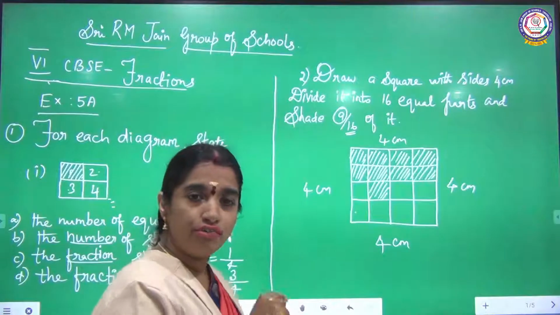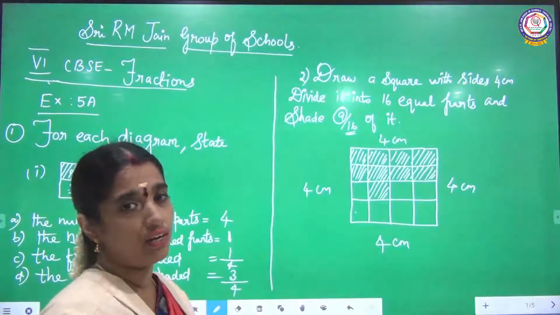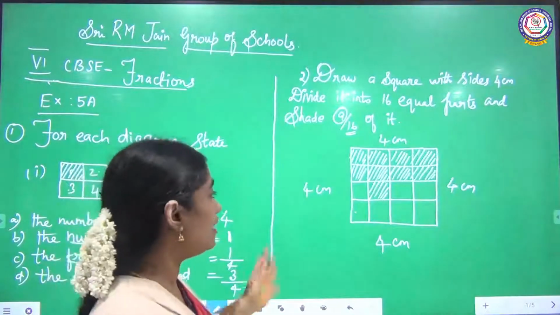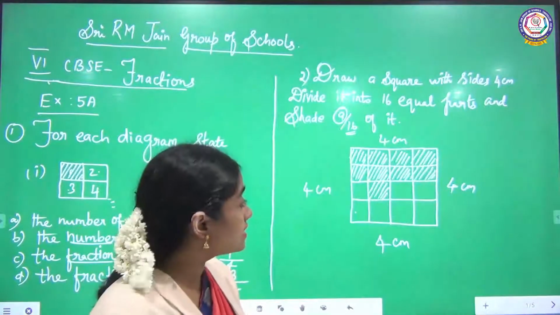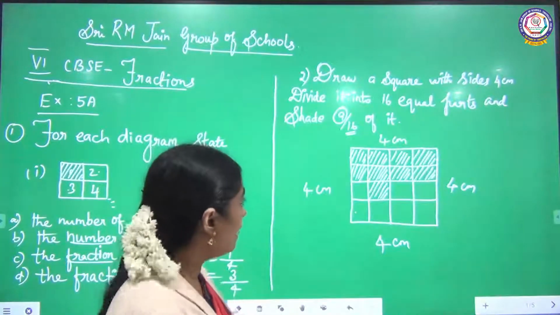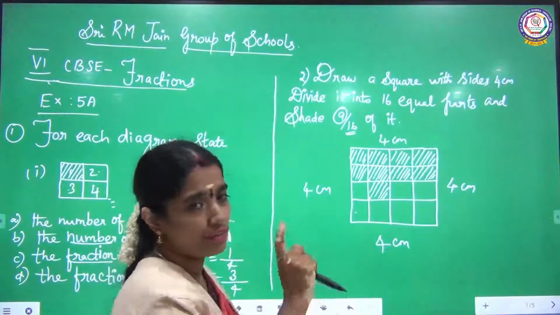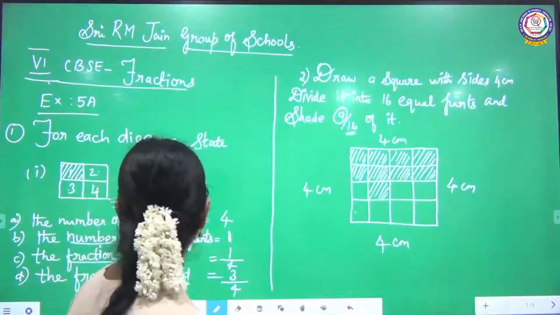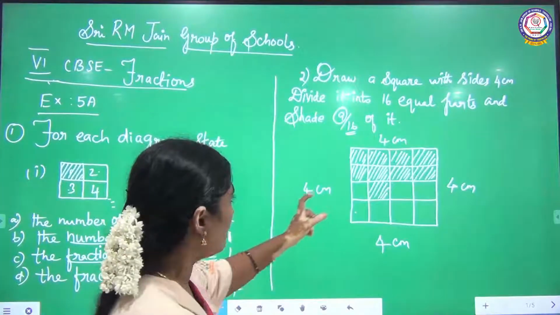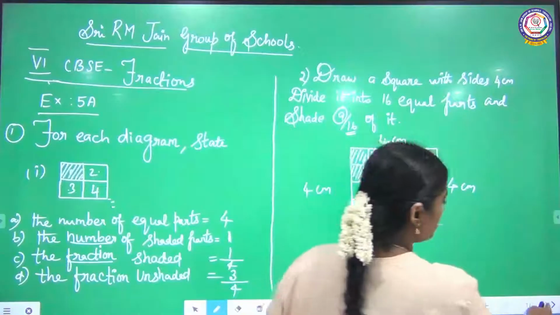Square means 4 sides are equal. The condition for a square is what? 4 sides are equal. After drawing the square, I divide that into 16 equal parts, and after that I am going to shade 9 of them. Can you understand this? Shall I move on to the next question?